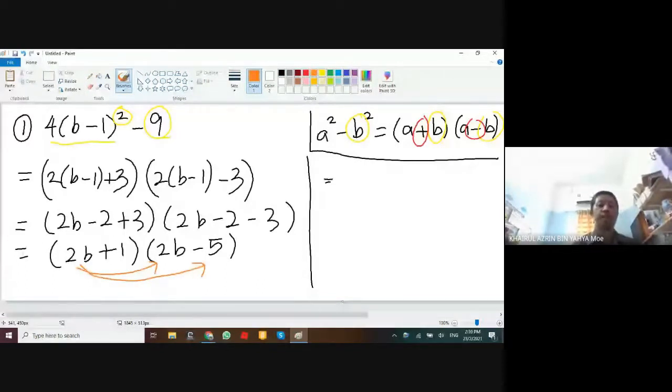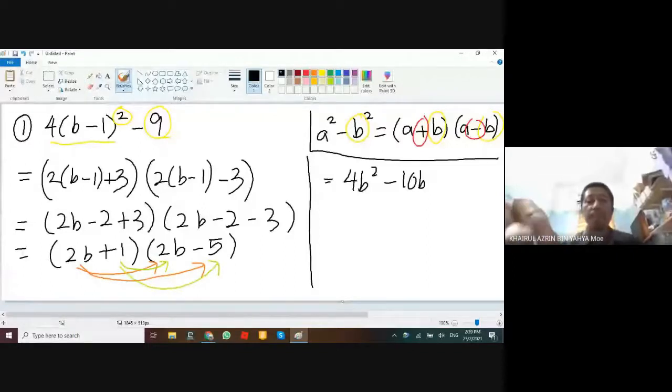So 2b times 2b is a 4b square. 2b times 5 is negative 5 times 2, 10b. And then for the second part here, 1 times 2b, 1 times 5. So 1 times 2b is 2b. 1 times 5 is negative 5.